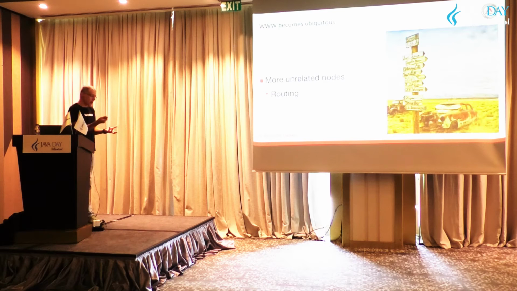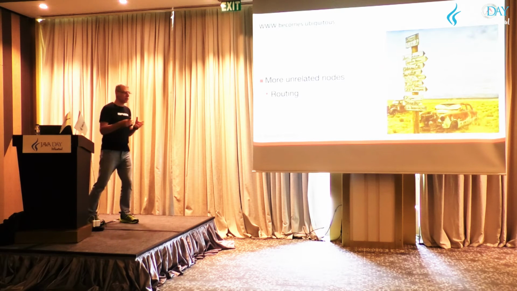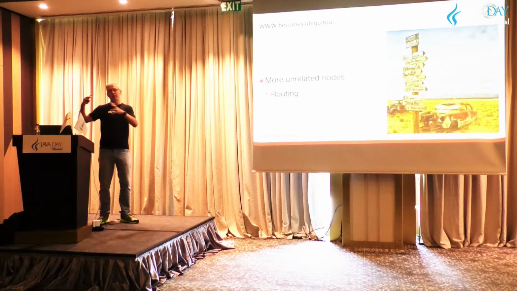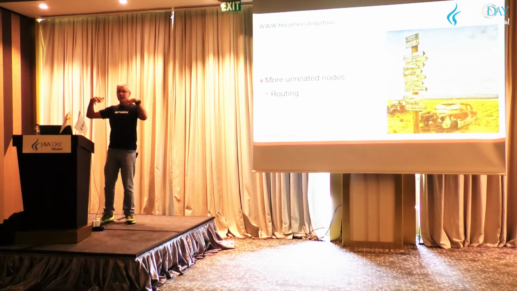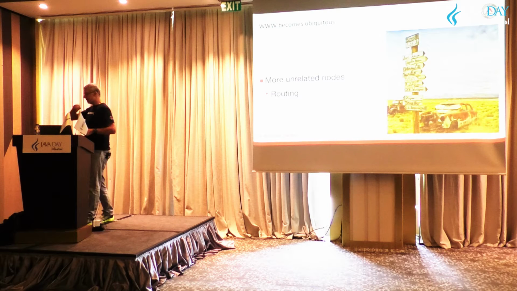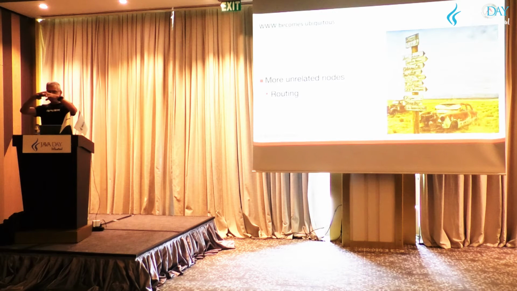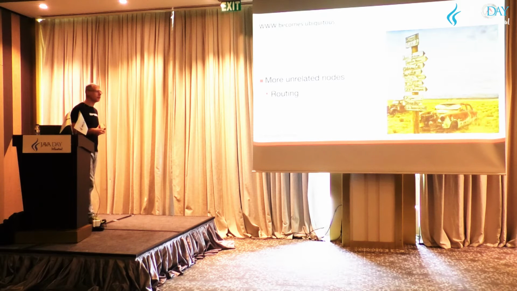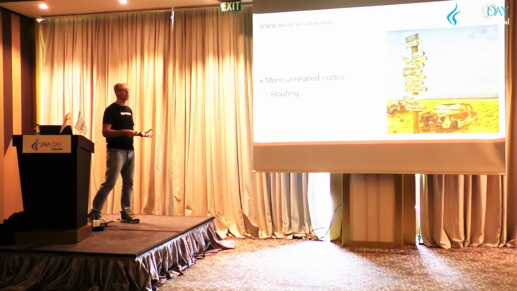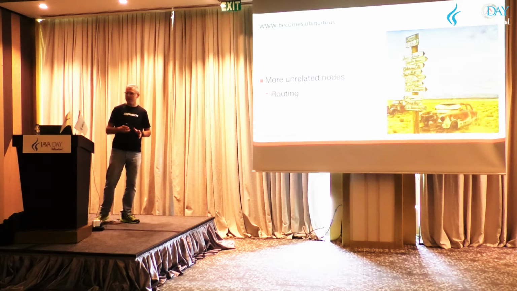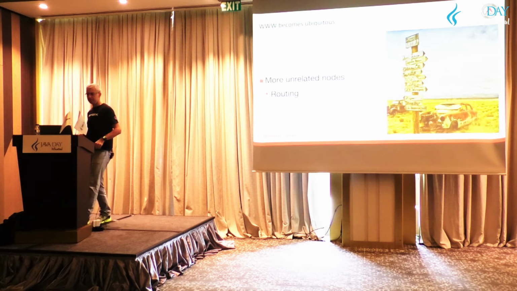So most of them were now dynamic. And because in the previous incarnation, all the nodes were the same, now the nodes were different. They served different content. And so the first layer of the web server started to do routing. So depending on the domain, depending on some parameter, you would route the request to a different cluster.